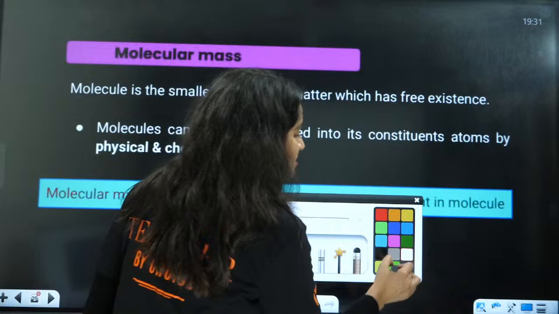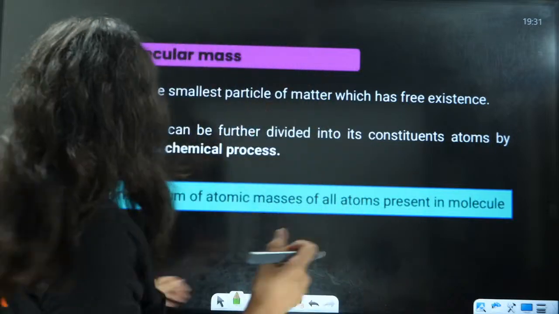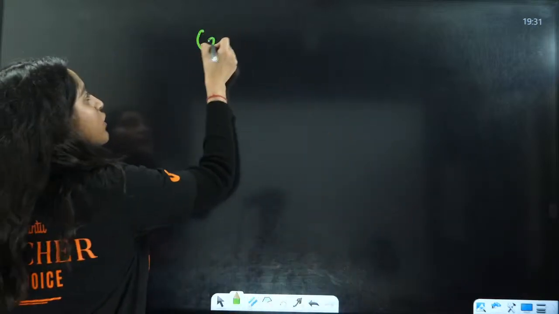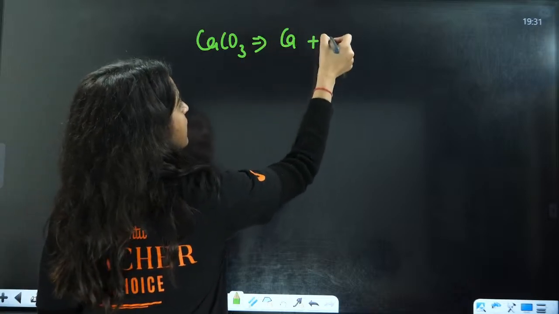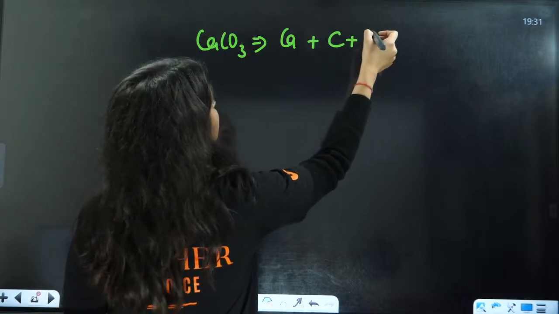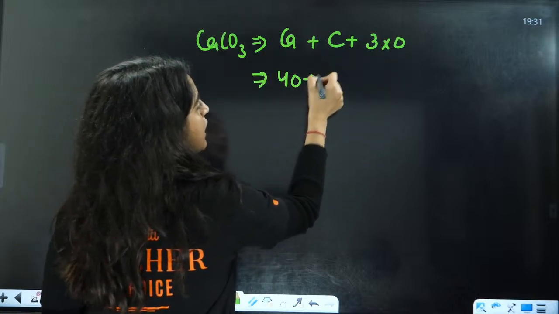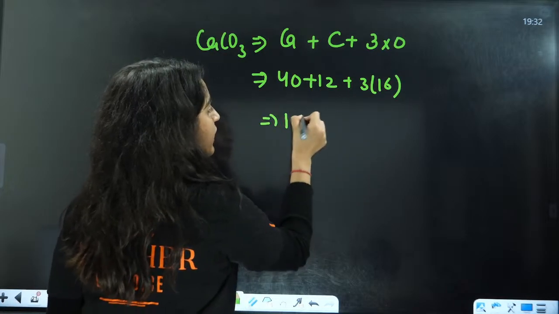Okay, molecular mass is calculated like atomic mass. For example, we are calculating the molecular mass for CaCO3. That will be equal to mass of Ca plus mass of carbon plus 3 into mass of oxygen. That will be 40 plus 12 plus 3 into 16, which comes out to be 100.